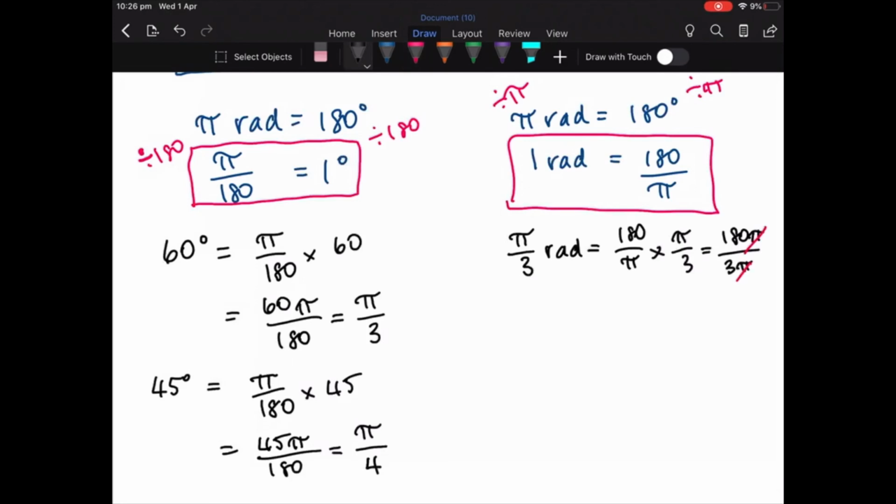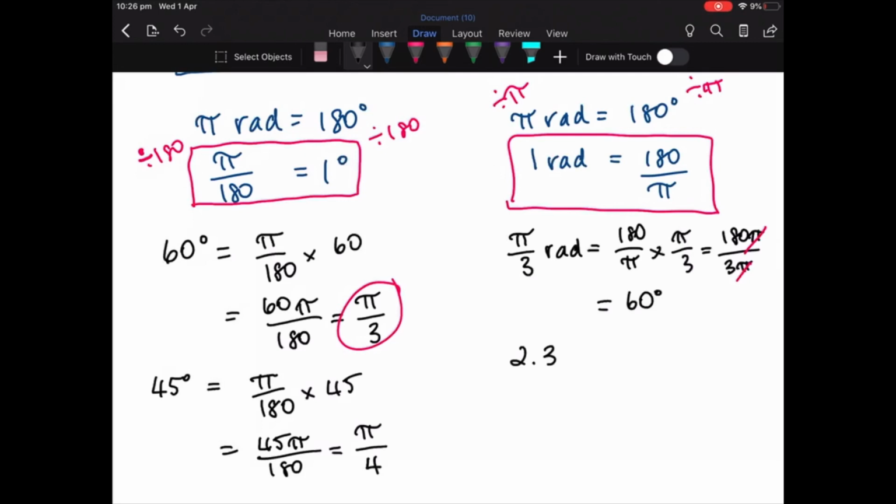We can cancel out the pi's, and then 180 divided by 3 leaves 60 degrees, which you should notice is the opposite of the question we just did over there.